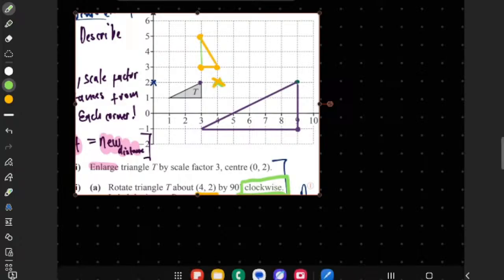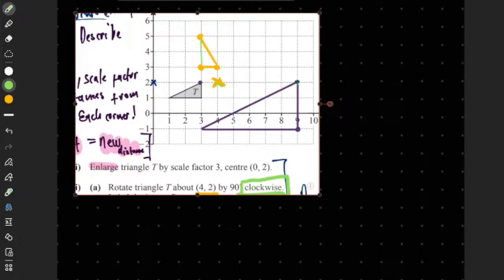Yes, LGK, ask your question. No, you won't get 180. You get 90 clockwise or 90 anti-clockwise, okay? Yes, if you are describing a rotation, you can get 180 clockwise.